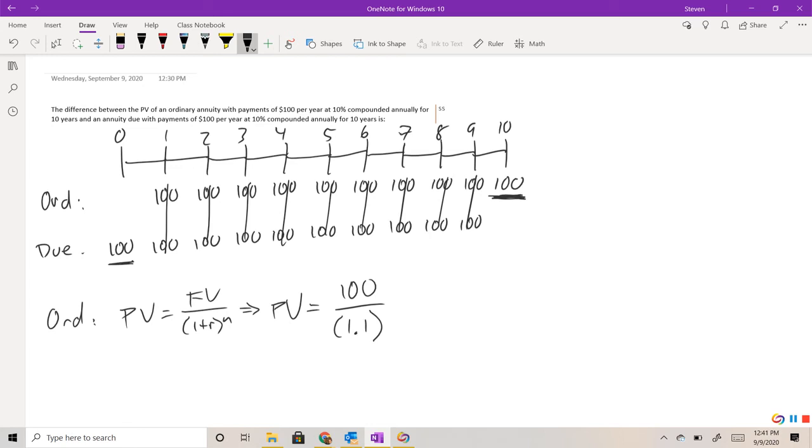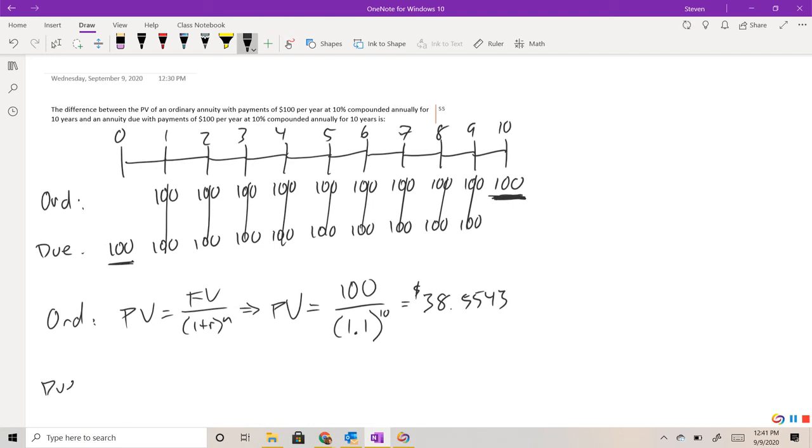So 100 divided by 1.1 raised to the 10th is, I'm going to type it into the calculator here, 38.5543, roughly. Now that's just the present value of the very last cash flow.